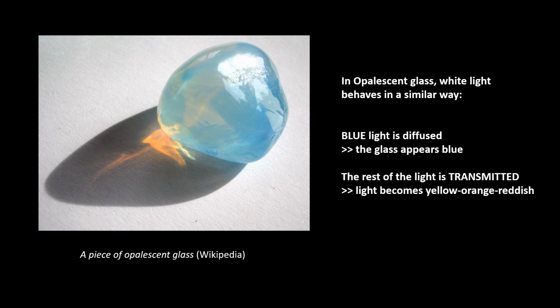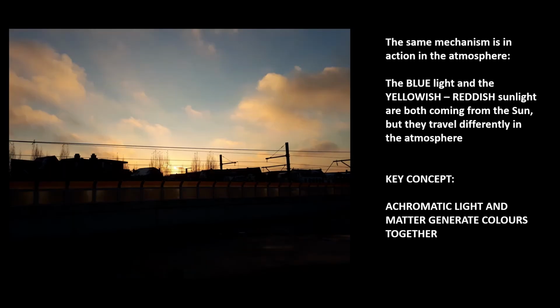And I think it's interesting that you have the same phenomenon on a gigantic thing, which seen from far is very thin, and on very small objects. So the same colors appear in the opalescent glass and in the sky, and the cause is the same. And I think the key concept around this is that the colors of the atmosphere are actually produced by materials and objects that don't have a color.